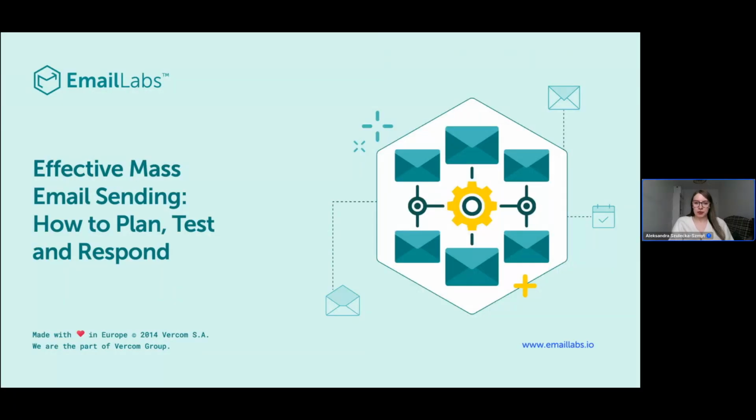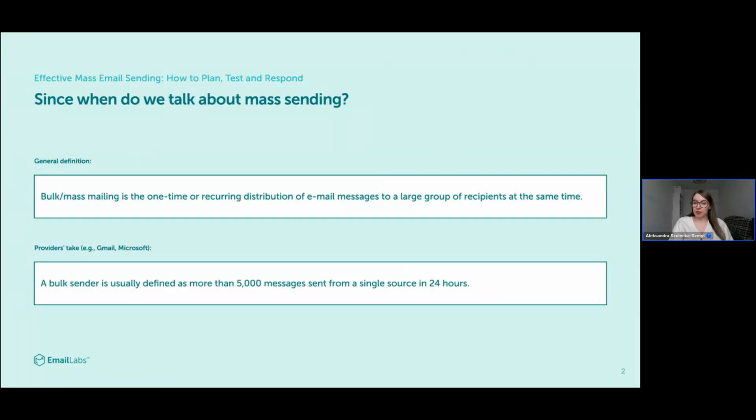Okay, so first things first, what is mass sending? What volume do we consider mass sending? The general definition says that it's a one-time or recurring distribution of email messages to a large group of recipients at the same time.